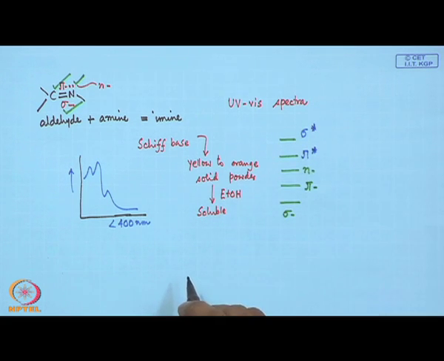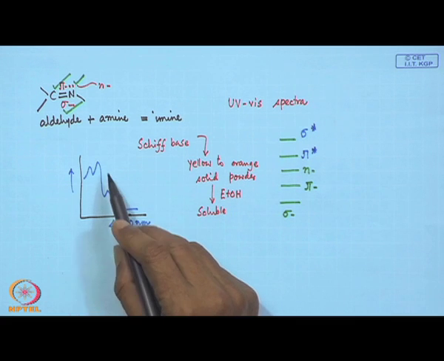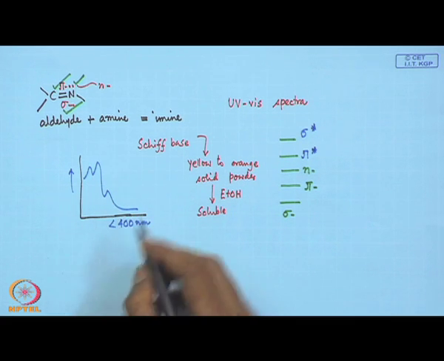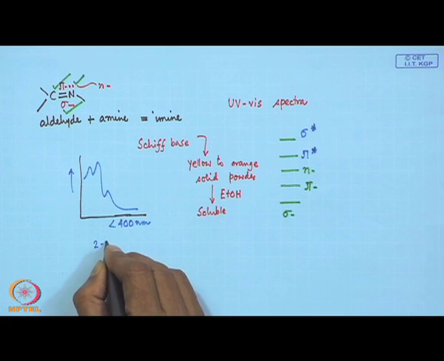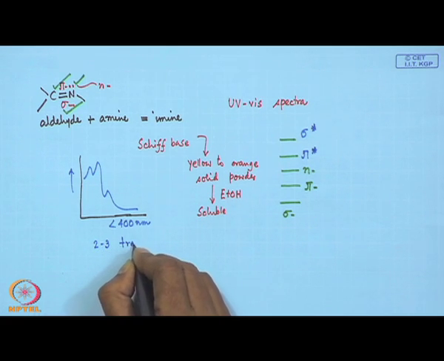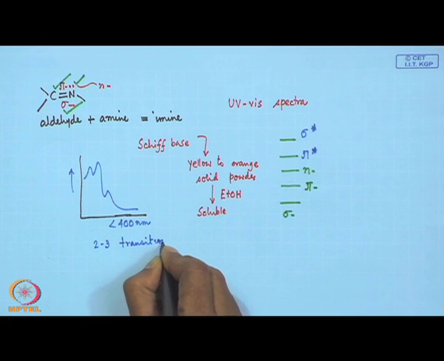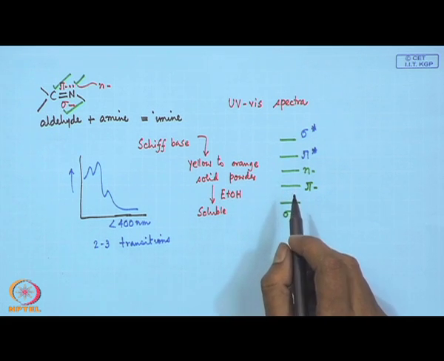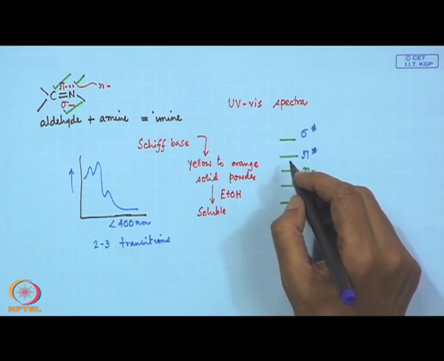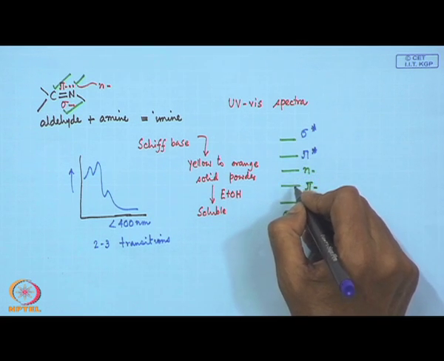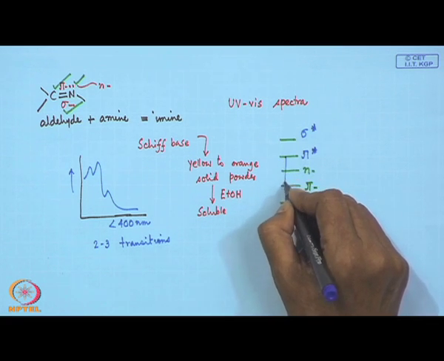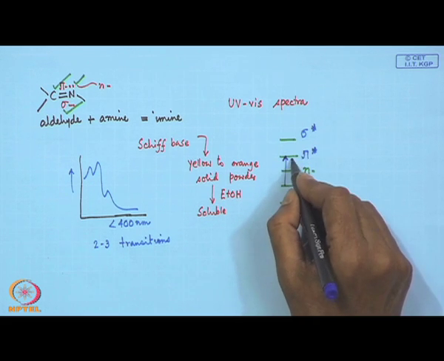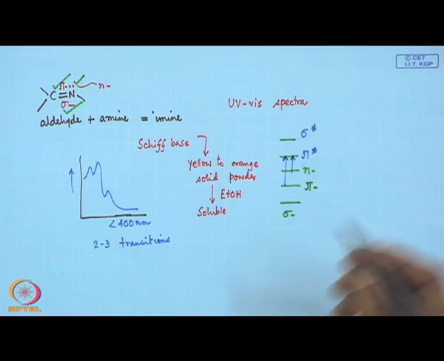So, during these electronic transitions, in most of these cases we have 2 to 3 transitions, and sometimes they are very high intensity transitions, that means the charge transfer transitions what we have discussed earlier in this particular class. So, we have basically two very intense transitions we can consider.